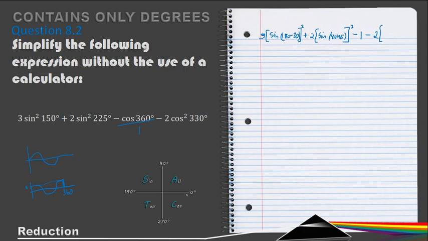So 330 is 360 minus 30. So this is cos 360 minus 30, and that's going to be all squared.